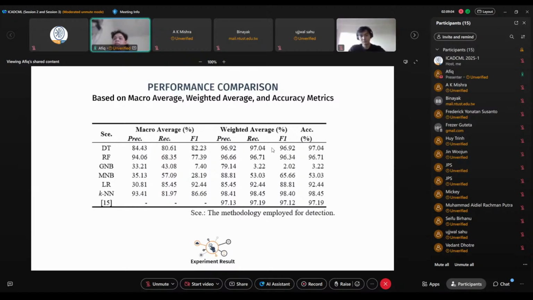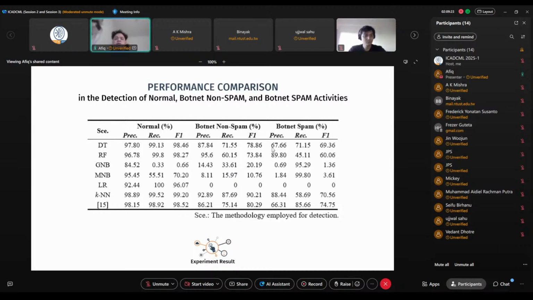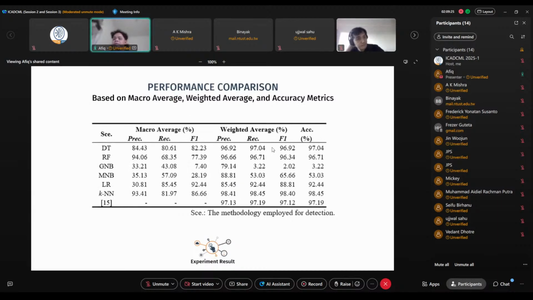Gaussian Naive Bayes struggles the most with accuracy, dropping as low as 3.22% for Naive Bayes, due to its assumption of feature independence and unsuitability for correlated numerical data. Logistic regression performs well for normal traffic detection, but fails entirely in botnet detection, as you can see in the previous table, confirming the need for a more adaptive model like k-nearest neighbor.